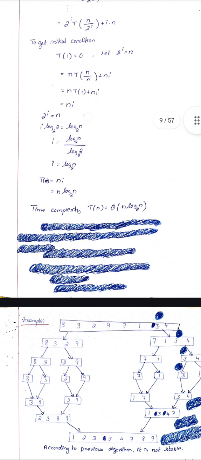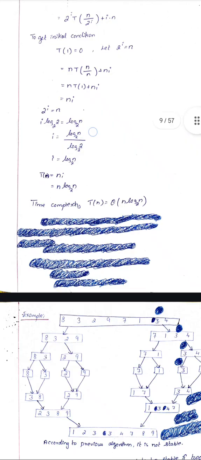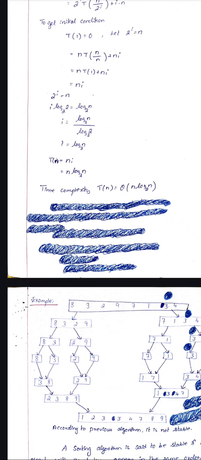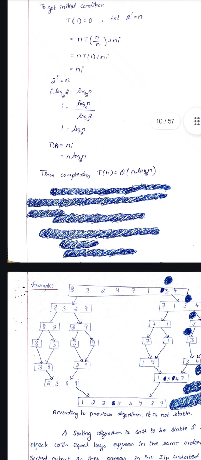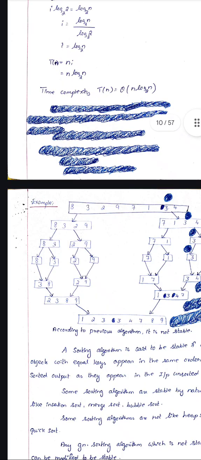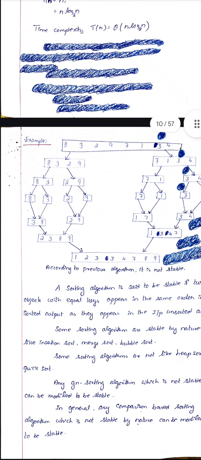That gets cancelled. Then we will have log n to the base 2. n i is i equals to n log n to the base 2. T of n is theta of n log n to the base 2.